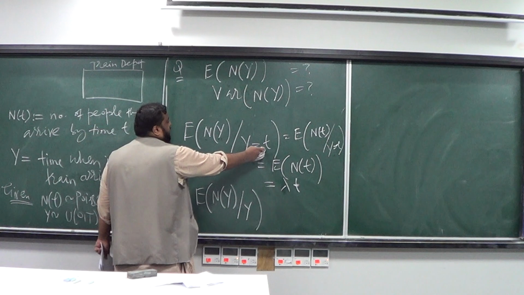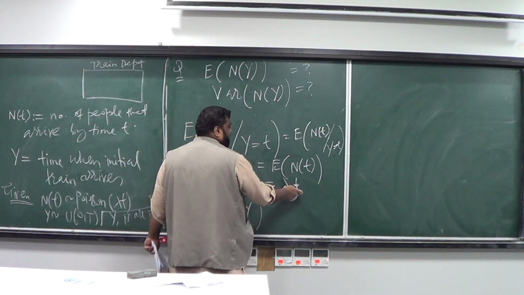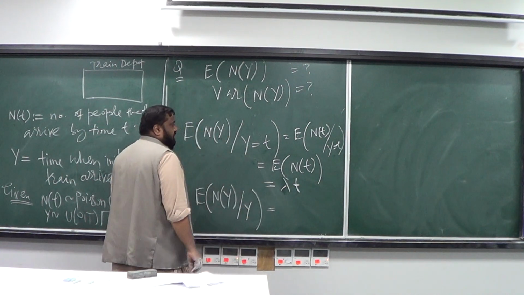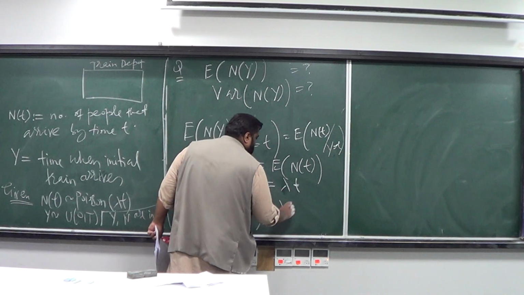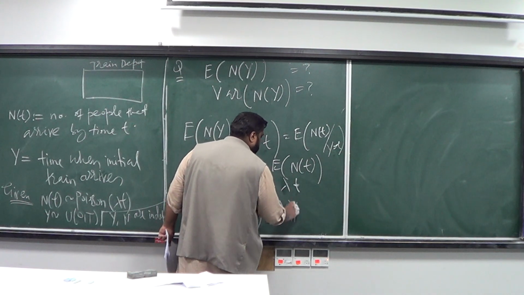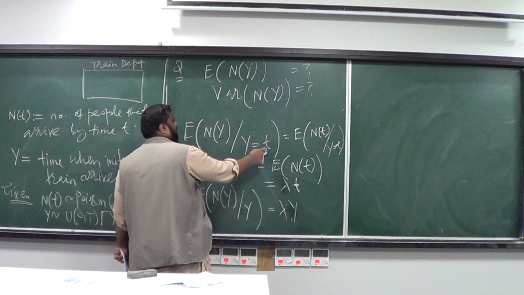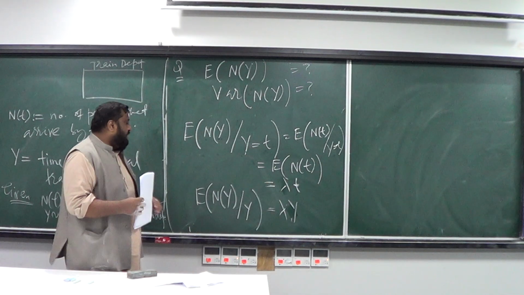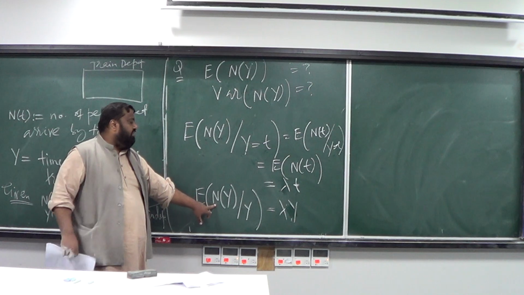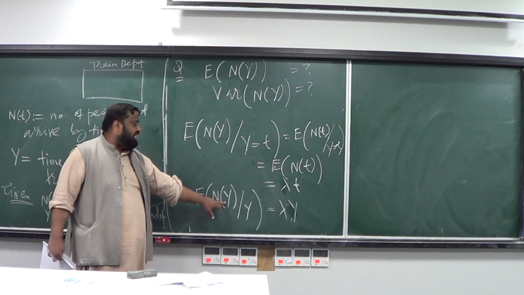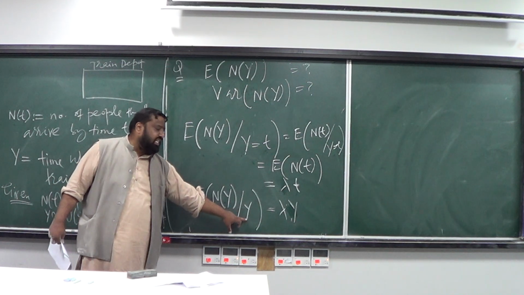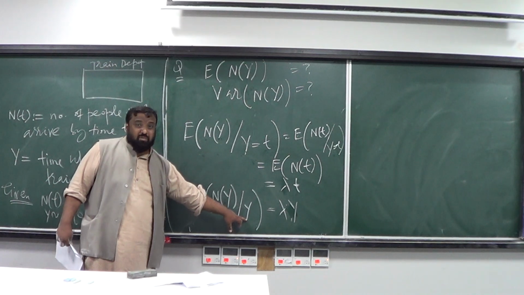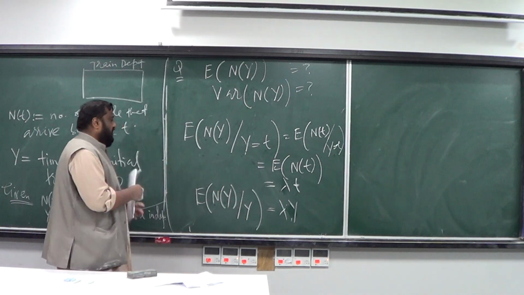So if this is t, then t is equal to lambda Y. If I substitute, I get lambda Y. So the expected number of people that arrive at the train depot by the time Y, given that the train has arrived at time Y, is equal to lambda Y.